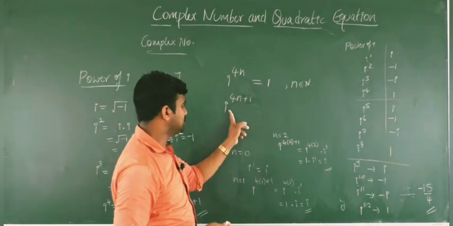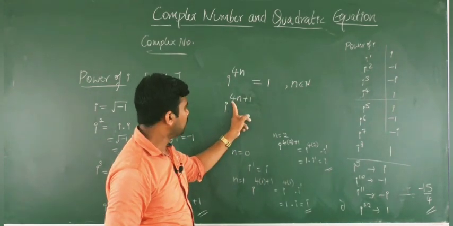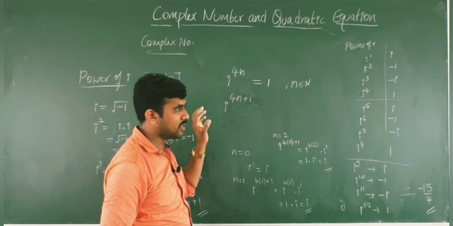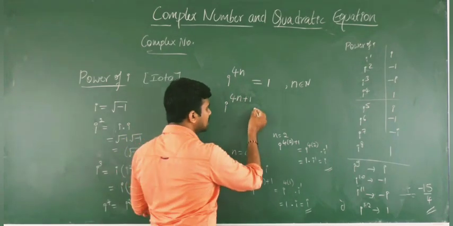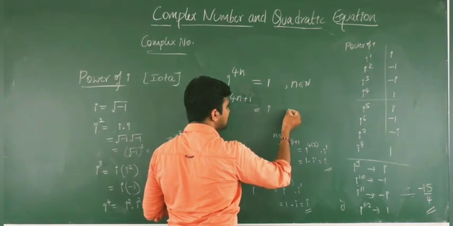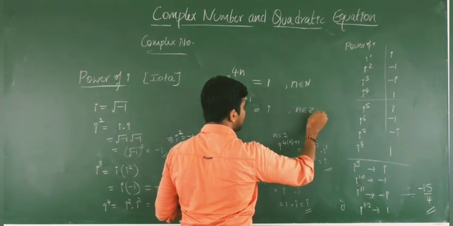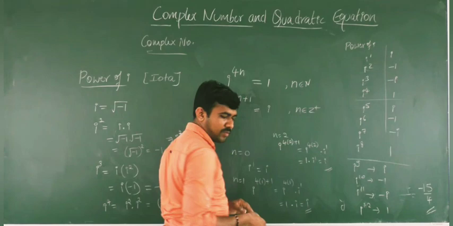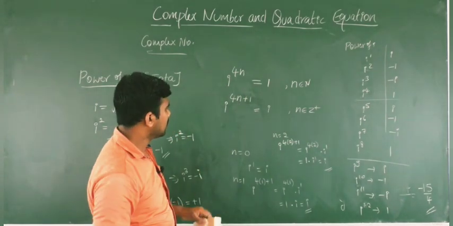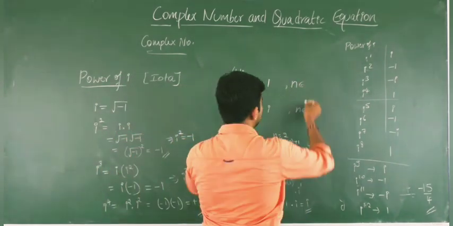So see here, if you have 4n plus 1 as the power, its value is i itself, always, for n a natural number. Natural number includes 0, so write positive integer, Z plus. Here also write positive integer, Z plus.